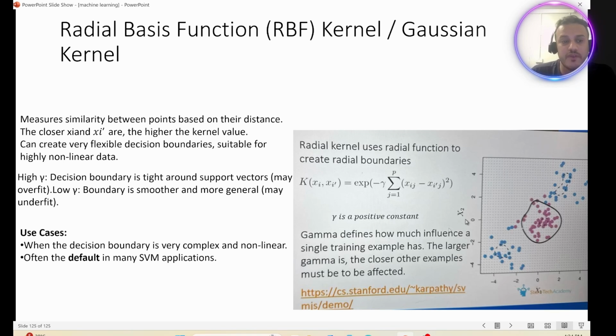But if we have a low gamma, the boundary is smoother and more general. This is used when the decision boundary is very complex and non-linear, and it is often the default in many SVM applications. So if you have a very complex decision boundary, you can use the RBF kernel in this model.